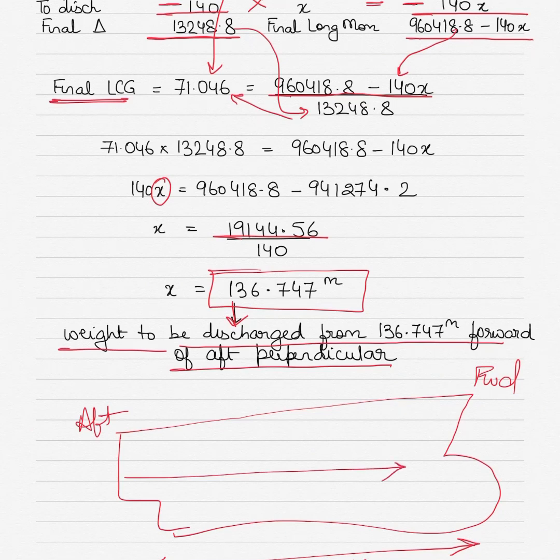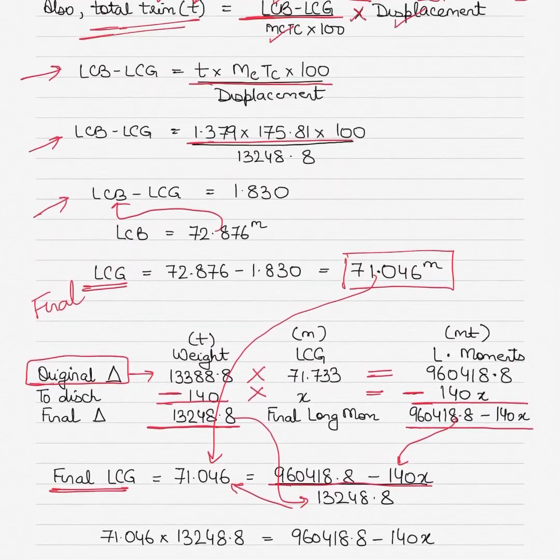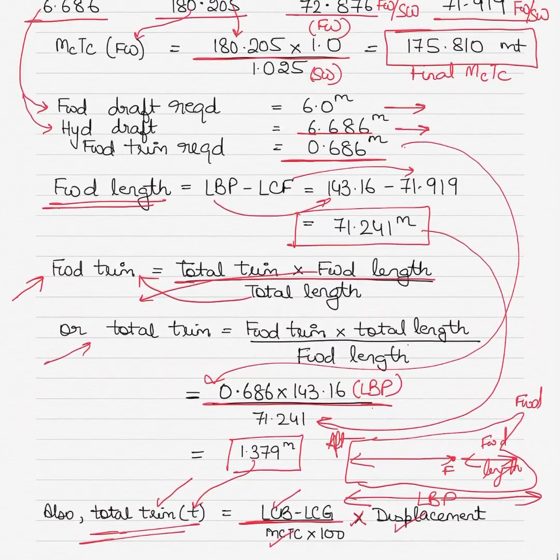You are discharging cargo from almost 136.747, which is very close to the forward part. Somewhere from here, when you discharge the cargo, the forward part of the vessel will come up and the aft part will go down. So as the forward part comes up, the forward draft will reduce, and in this case it will reduce by 32 centimeters.